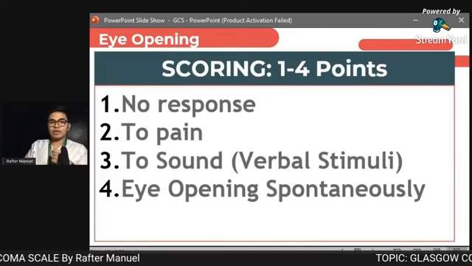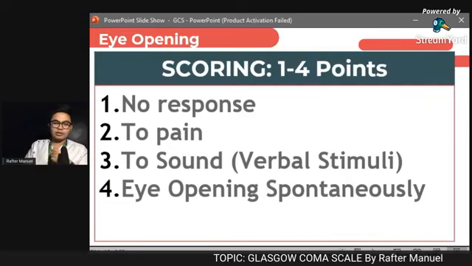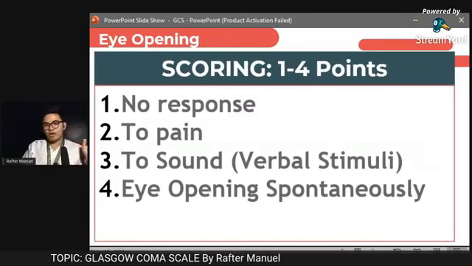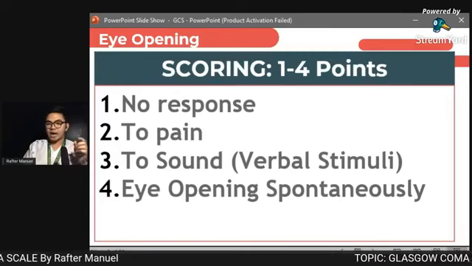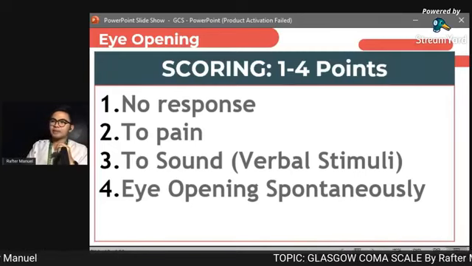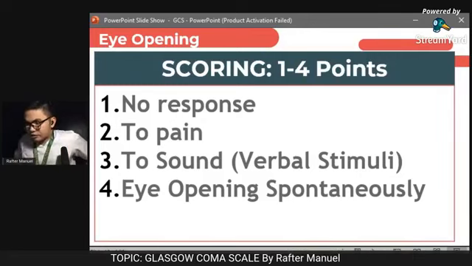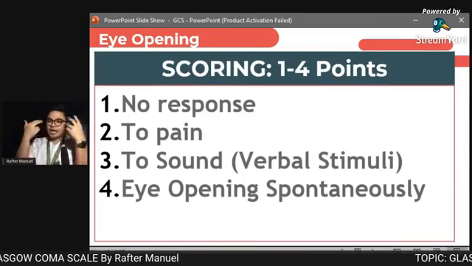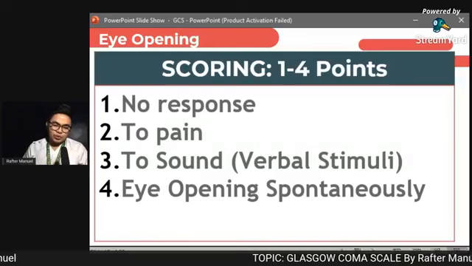Okay? So if your patient does not respond at all, you give him 1 point for no response. Again, there is no zero value here. The lowest is 1. Okay? Sir, tanong, what if the eyes of my patient or there is swelling around the eyes of my patient? What should I do? Okay?